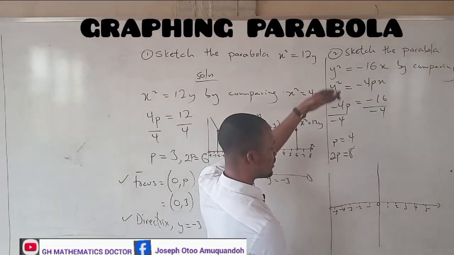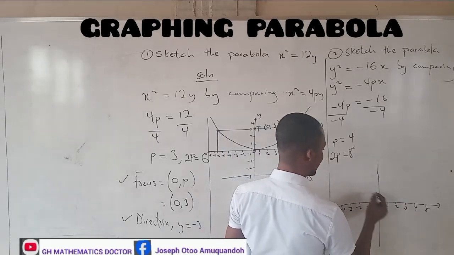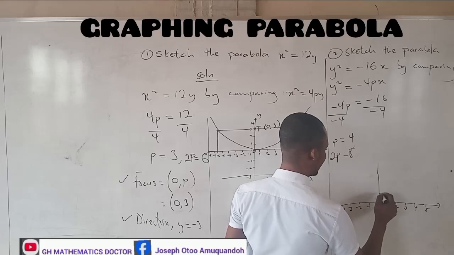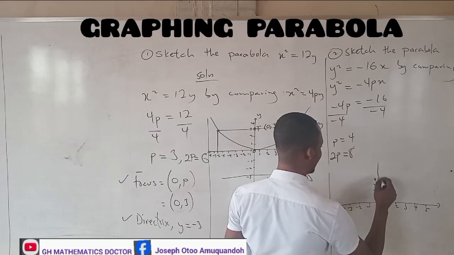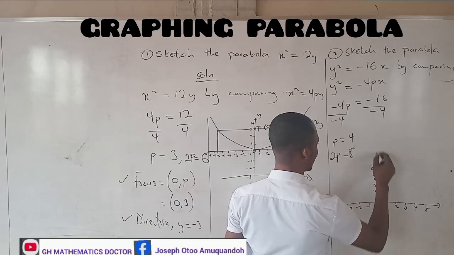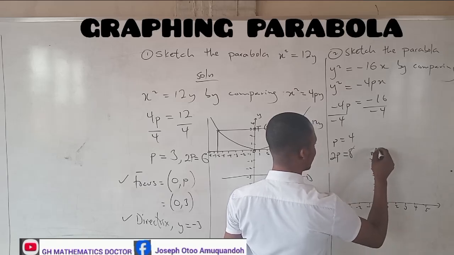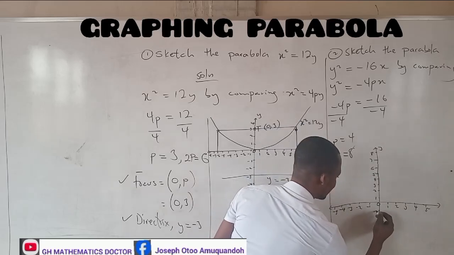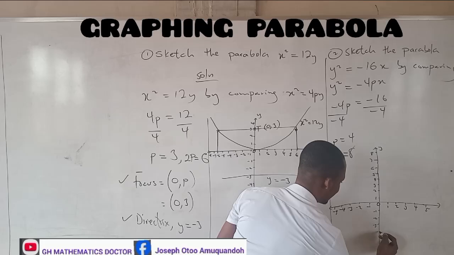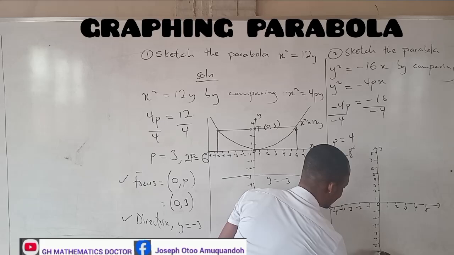Since the 2p will fall on the y-axis, we need to number to 8. So we have 1, 2, 3, 4, 5, 6, 7, 8, negative 1, negative 2, negative 3, negative 4, negative 5, negative 6, negative 7, negative 8.